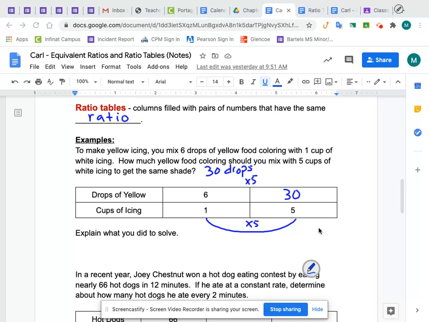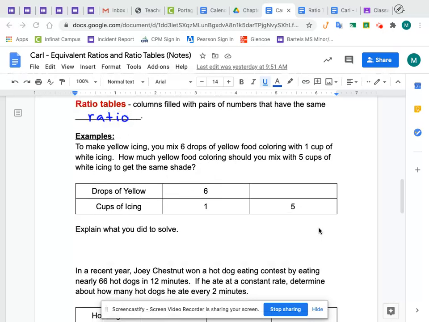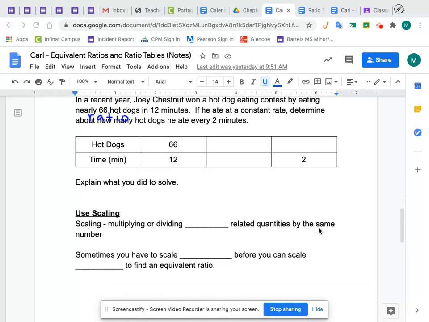And then if you needed to explain down here what I did to solve, you could just type behind here x5, as in times 5. All right, so that one was really easy, just trying to figure out what I need to do to go from 1 to 5.